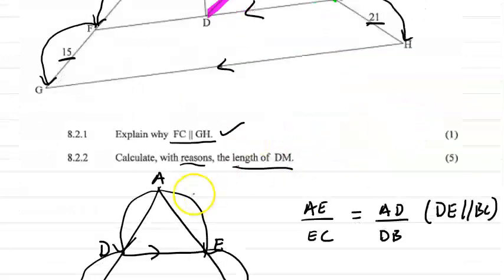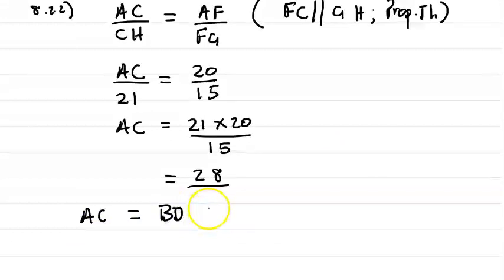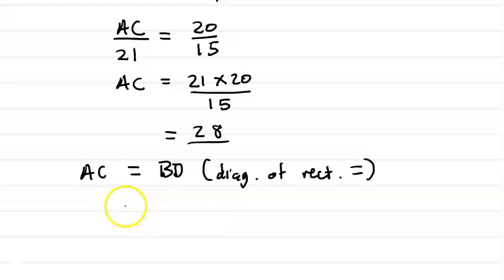But remember, we have to write the reasons down. So let's write that down. So we'll therefore say that AC is equal to BD. Diagonals of rectangle equal. So that's equal to 28.